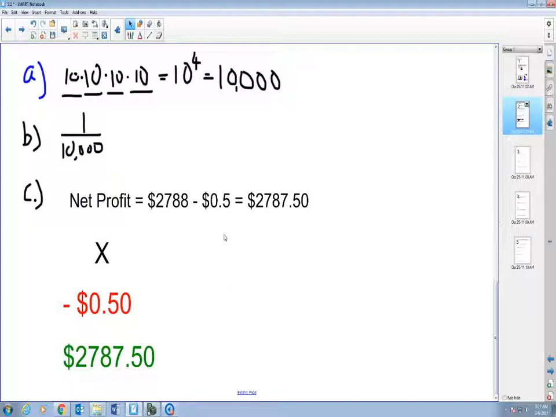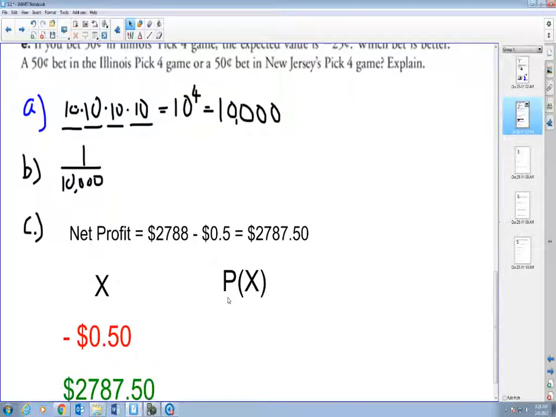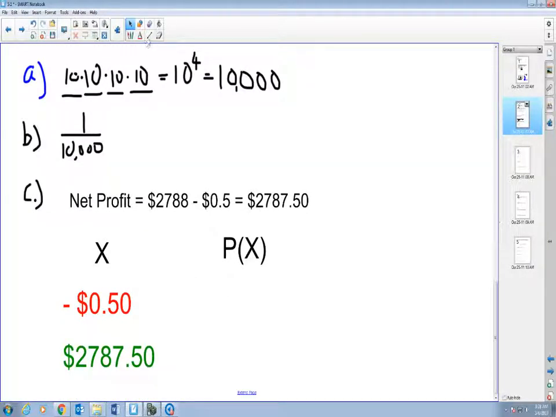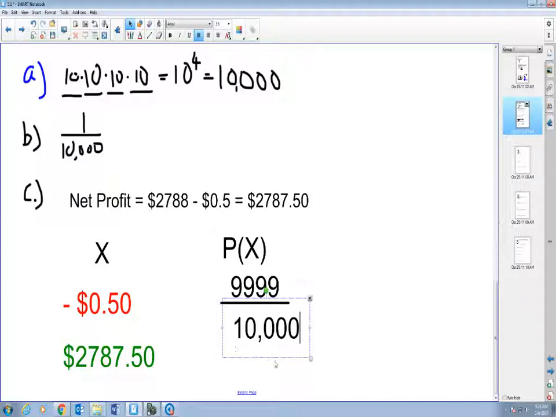Now, my probability for my random variable x. What is my probability of losing? Well, if winning is 1 way out of 10,000, that means losing has to be 9,999, so I have that many ways to lose out of 10,000 ways.